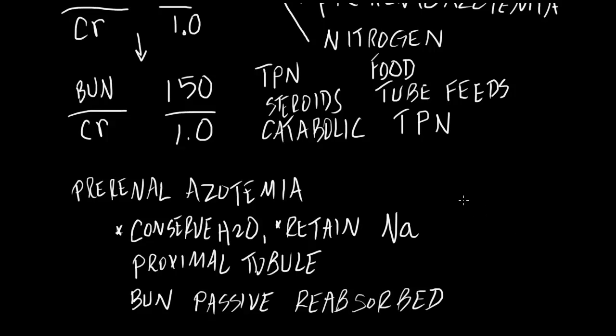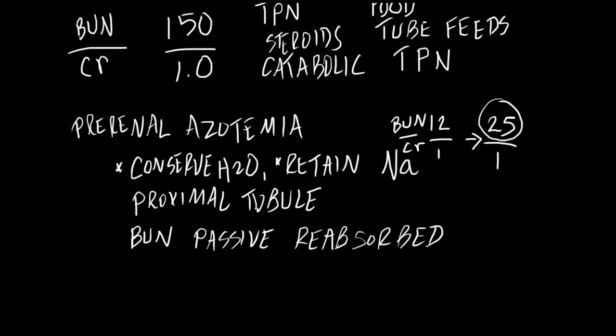And so an increase in BUN from, let's say, 12 to 1 ratio of BUN to creatinine to 25 to 1 is indicative of a patient who is passively reabsorbing BUN in the face of relative decrease in renal perfusion. In prerenal azotemia, the BUN goes up because of passive reabsorption in the proximal tubule.